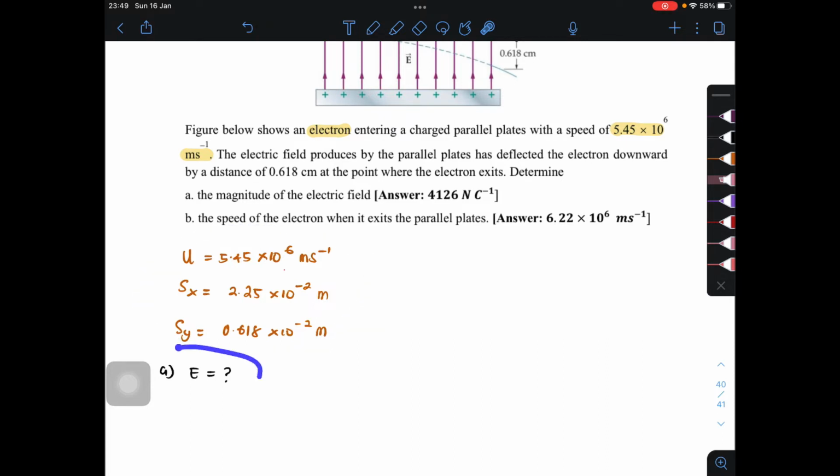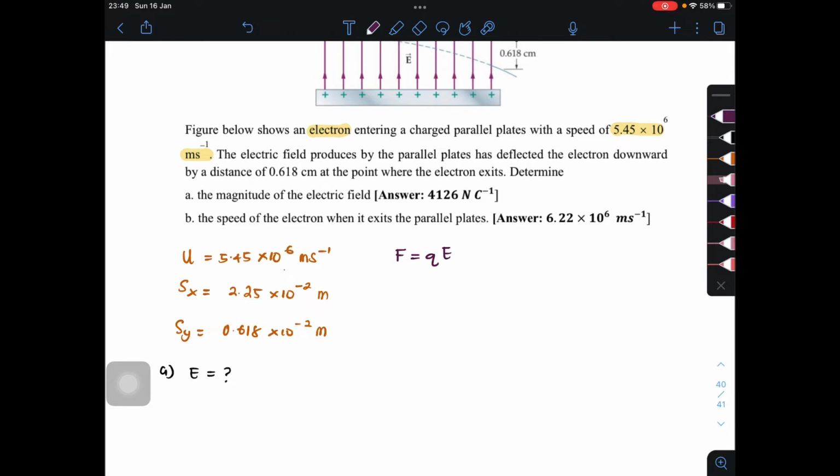For the electric field, we first write down the formula we know about it. The first formula we know is F equals QE. Force is equal to charge times electric field.